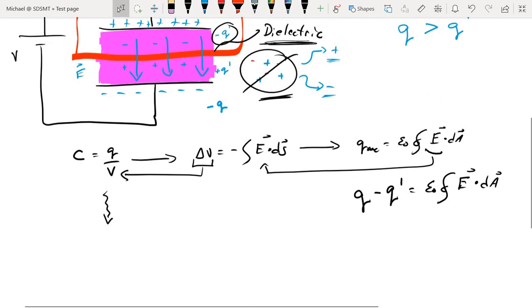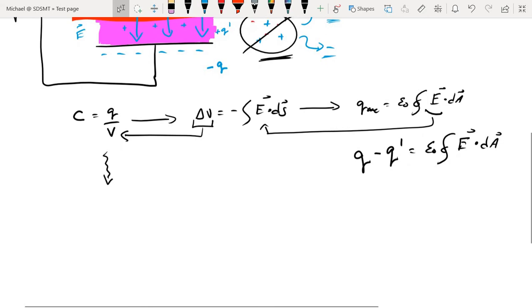As I said, everything else is going to go exactly the way that it did before. So if you want to check back in your notes, we take the enclosed charge, and after we took care of the dot product, the electric field between the plates was said to be uniform.